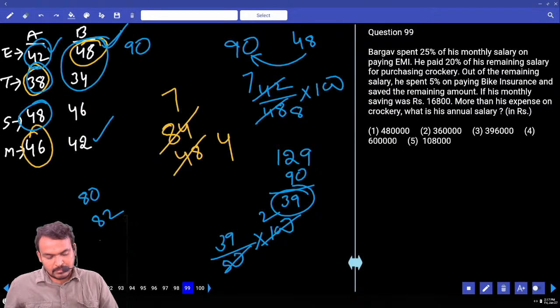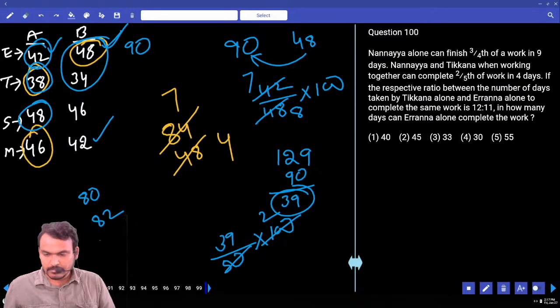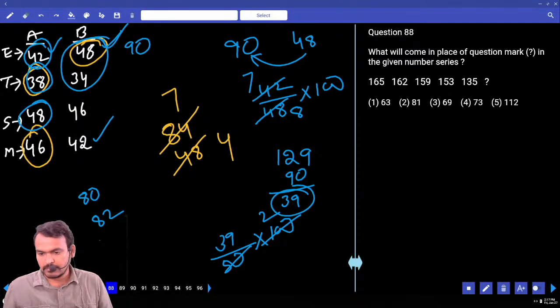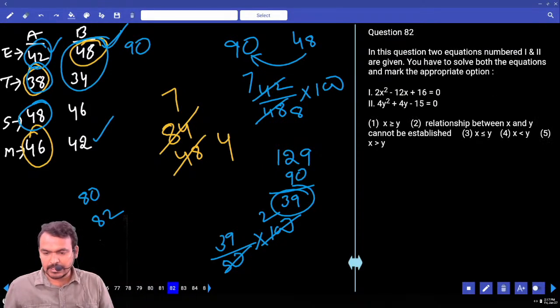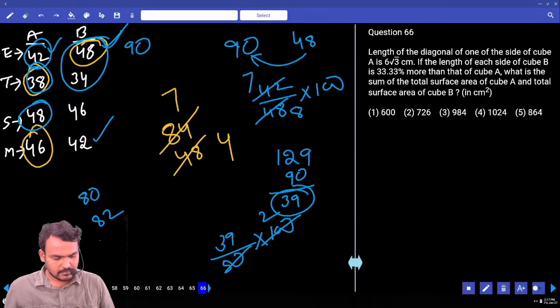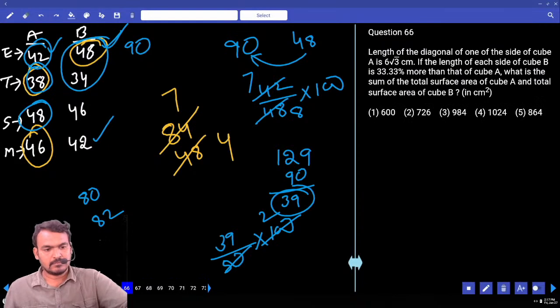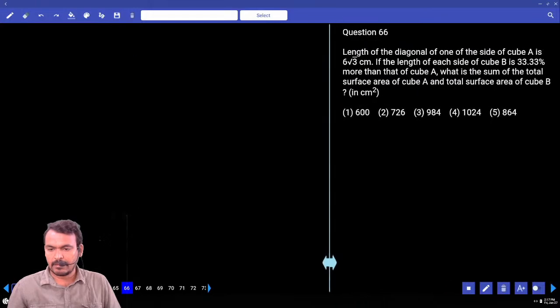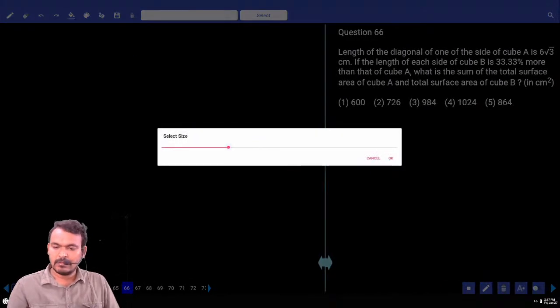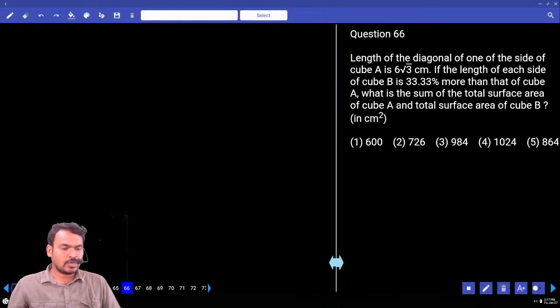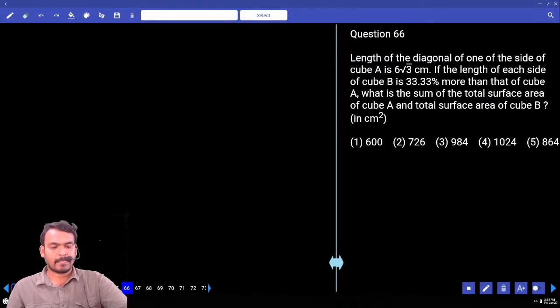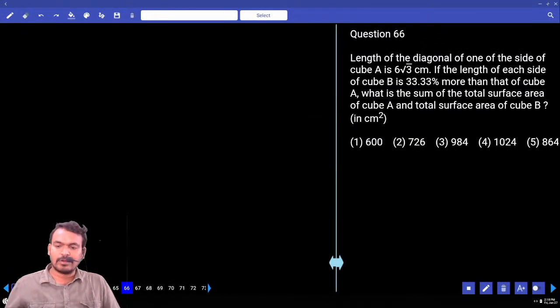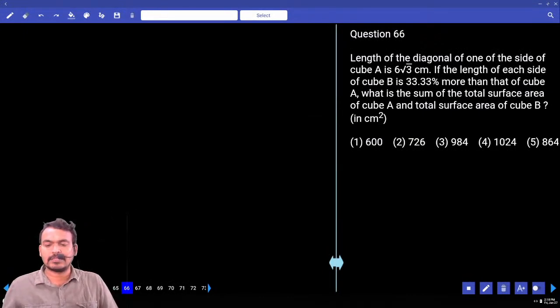Next question number 66. The length of the diagonal of a side of a cube A is 6 root 3 centimeters.